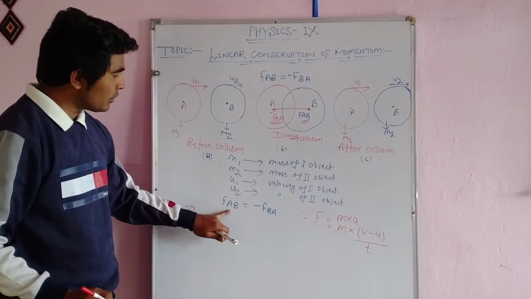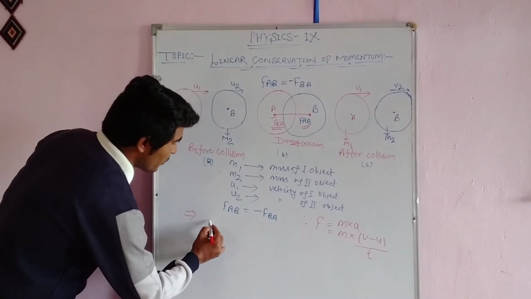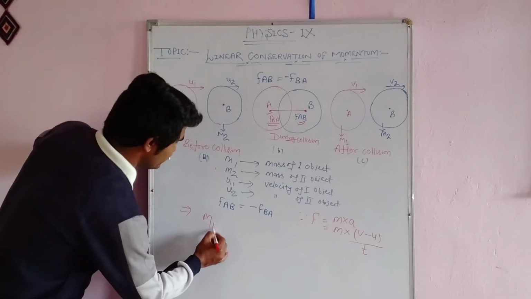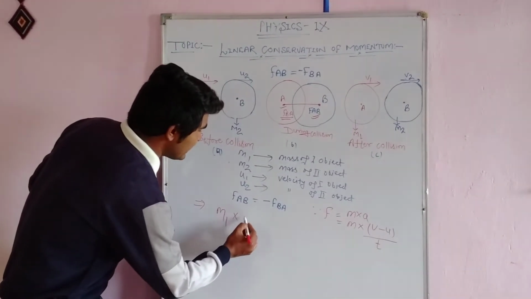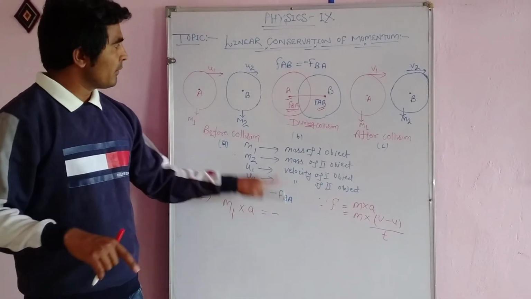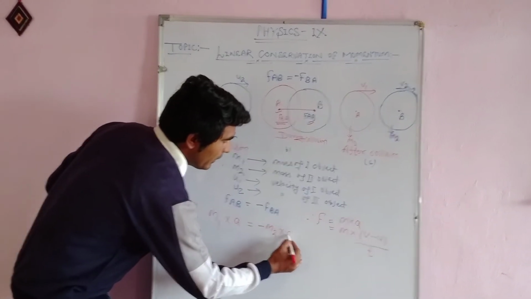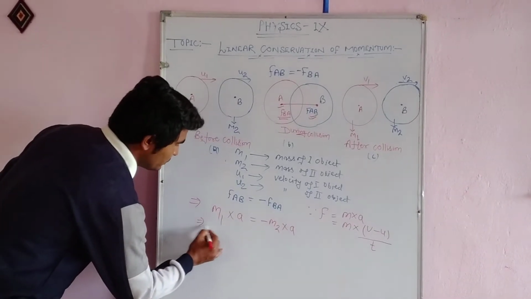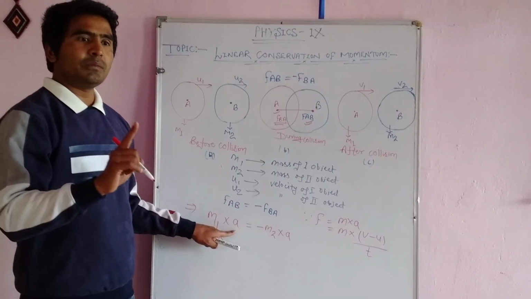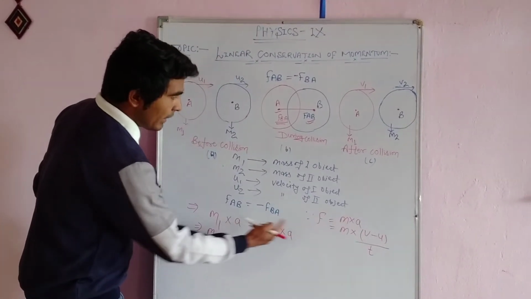The force applied by the first object on the second is equal to m1 into acceleration, that is equal to minus the force applied by the second object, mass m2 into acceleration. Now in place of acceleration we can write the change in velocity, v minus u.